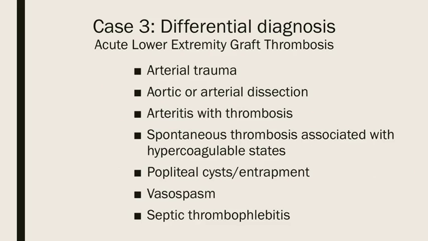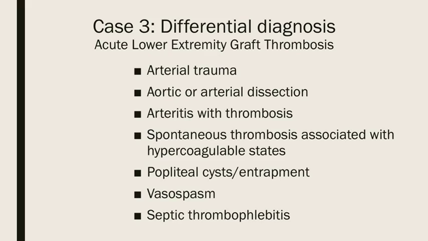And how about the differential diagnosis of acute lower extremity graft thrombosis? So this patient presents with a thrombosed graft and a fever. Maybe arterial trauma. Some of our patients experience trauma, let's say getting in and out of a mobility device or maybe having a fall. That wasn't really reported in this case, but something to think about. Acute aortic or arterial dissection. Arteritis with thrombosis.